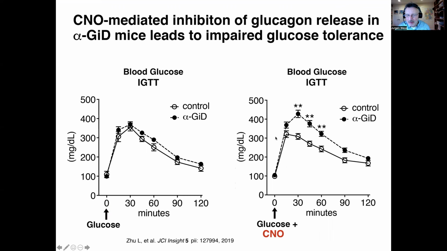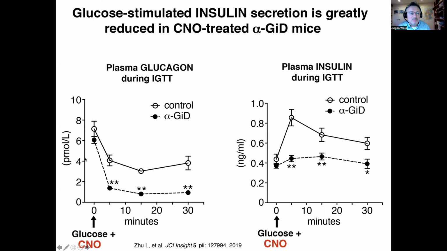During this test, we also measured plasma glucagon and plasma insulin levels. We found that after treatment of mice with glucose plus CNO, again, plasma glucagon levels were drastically reduced, and strikingly, glucose-induced insulin release was severely impaired in the alpha-Gi DREADD mice as compared to the control animals.